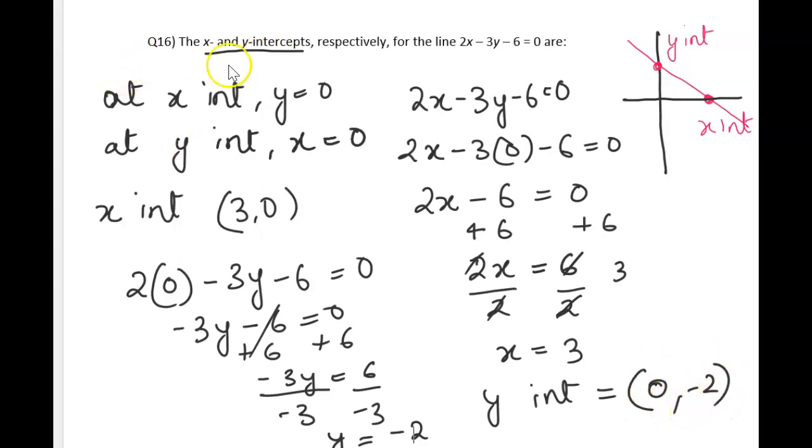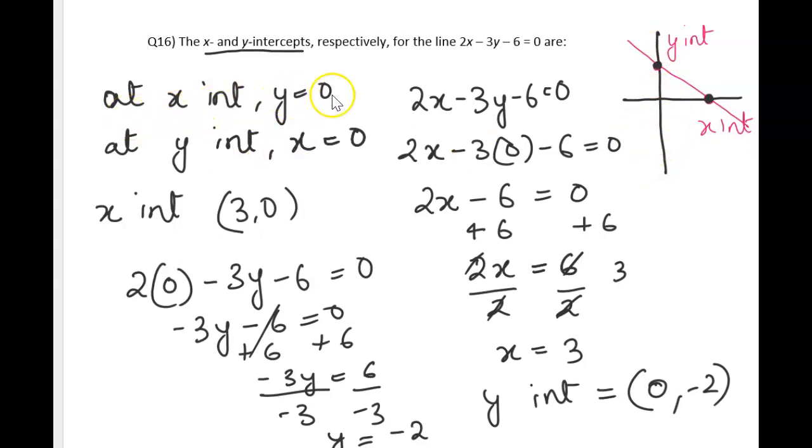I'm repeating again, guys. You're finding the x and the y-intercept. These are the points where the graph cuts the x and y axis. At the x-intercept your y is 0, and at the y-intercept your x is 0. On the x-axis, there's no y, and on the y-axis, there's no value of x.